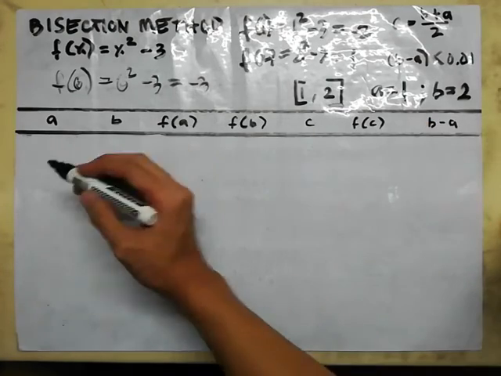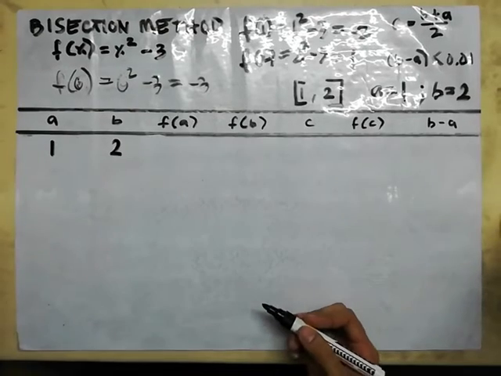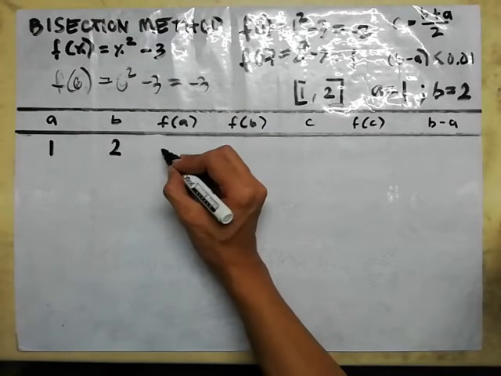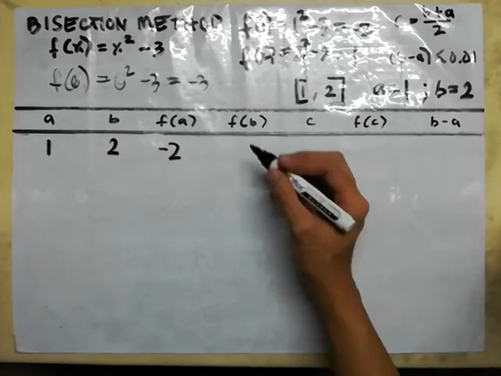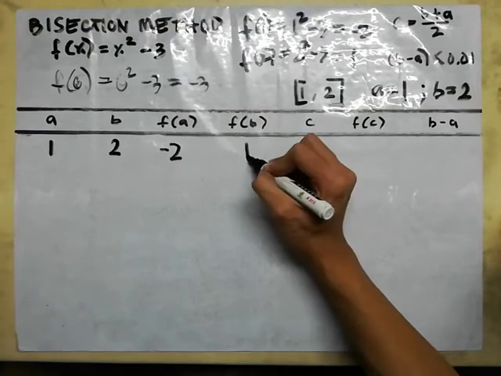So here we will put our values, 1 and 2. The function of a, which is function of 1, is negative 2. The function of b, which is function of 2, is 1.